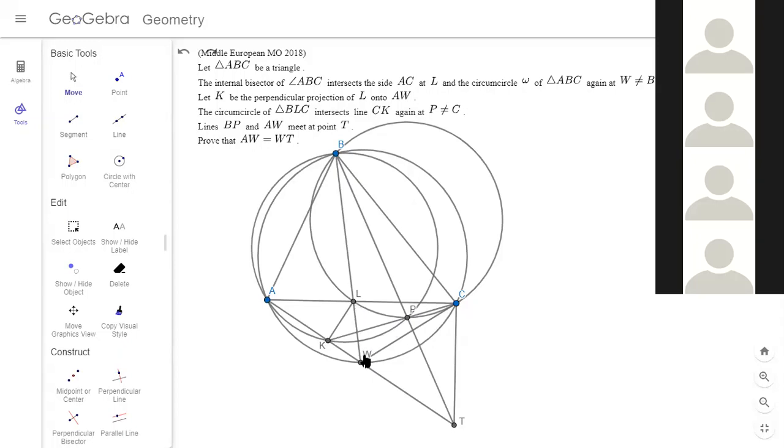It intersects AC at L and the circumcircle at W. Then you drop a perpendicular from L to AW, and it's point K. Then you draw the circumcircle BLC, and it meets the line CK at point P. Then BP meets AW at point T. The only thing I added was this circle. We used an angle chase to show that BAKP is cyclic. But the rest is from the problem. Yeah, thanks, got it.